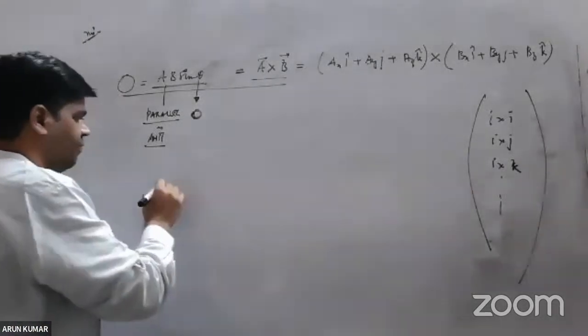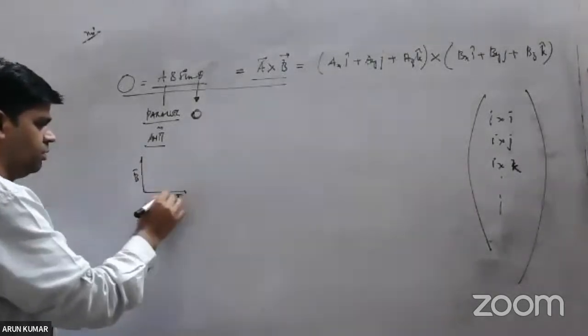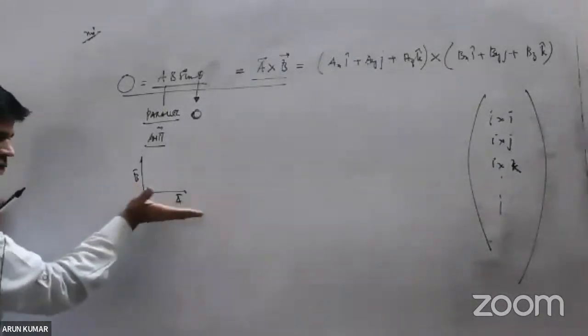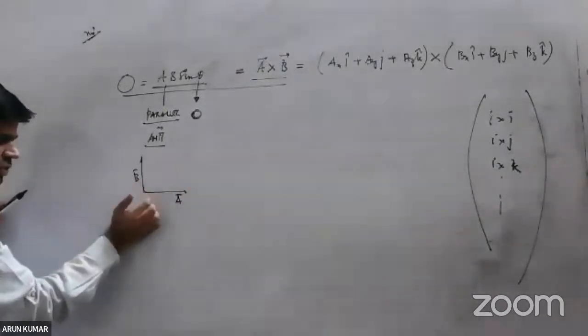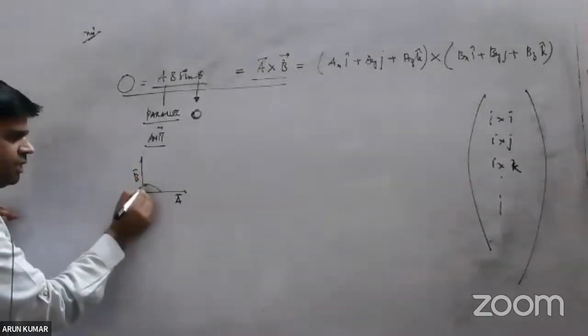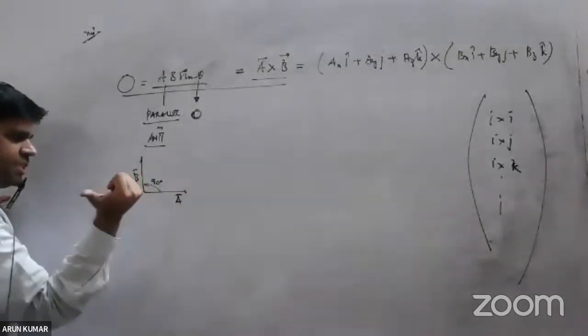And if I've got 2 vectors this way, A and B, their cross product would be as follows. I align my fingers in the direction of A and sweep from A to B along the smaller angle between the two, which is this angle over here. Let's say 90. So A cross B will be in this direction.